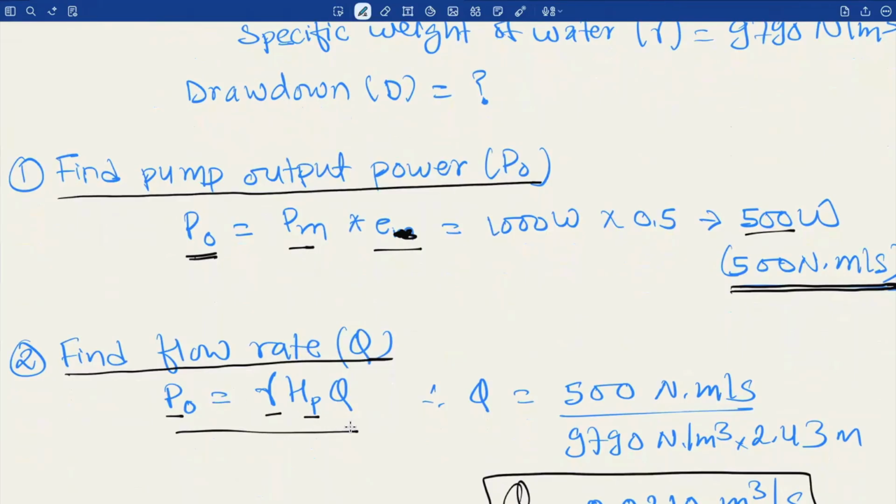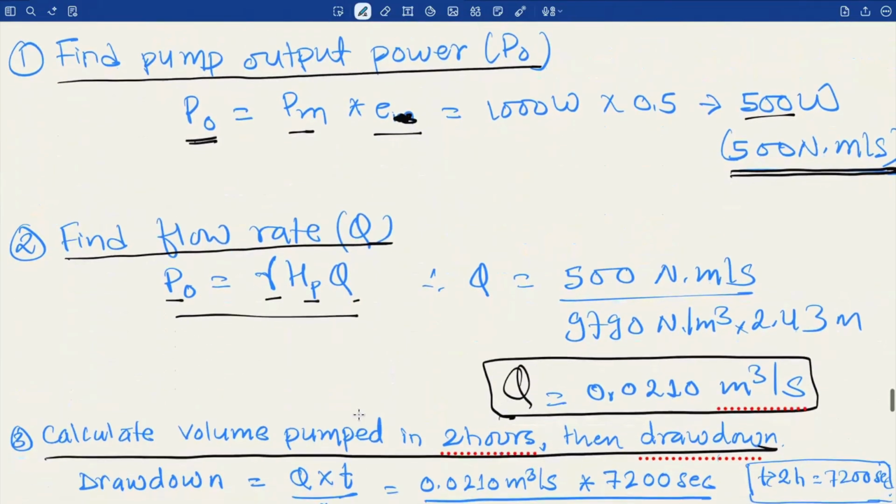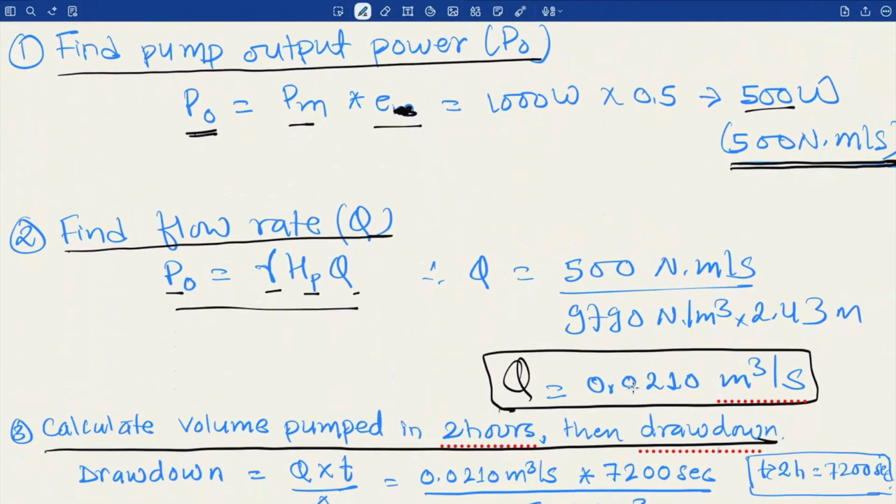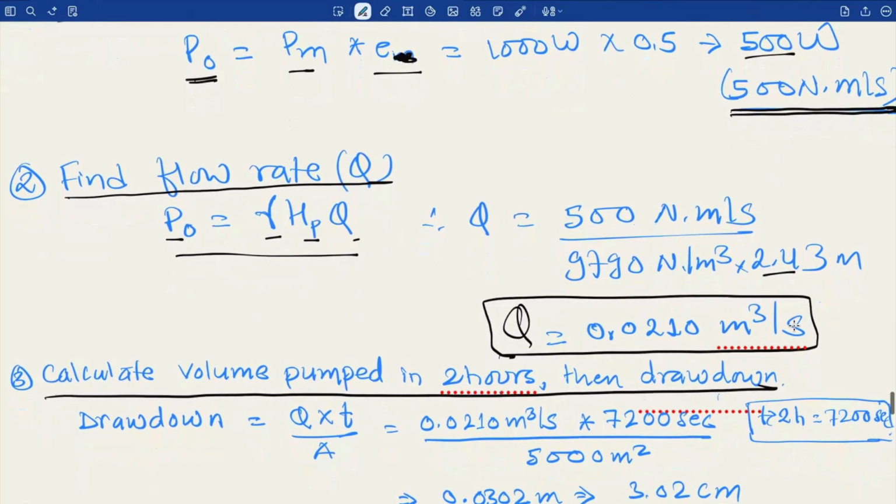So we just need to compute Q, which will give us Q as 0.021 meter cube per second. The specific weight is 9790 newton per meter cube, and HP is 2.43 meter. And so let us find the drawdown using the volume and the given area. We need to take care about time as well.